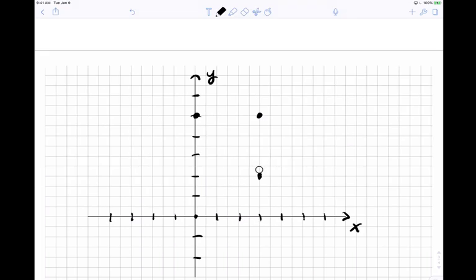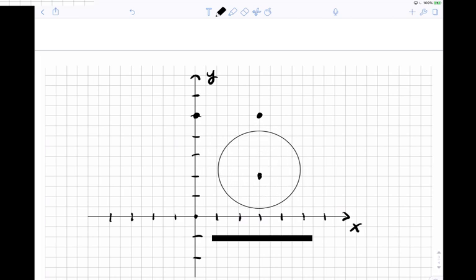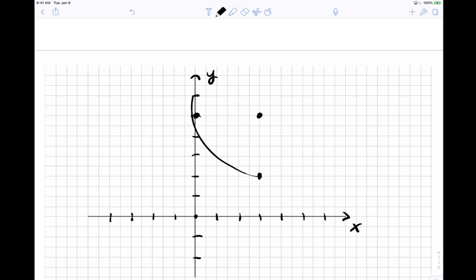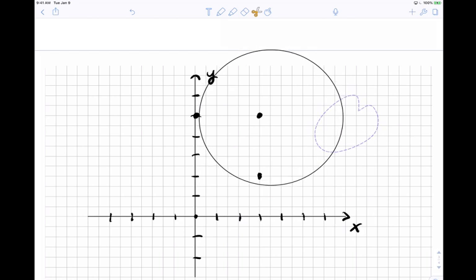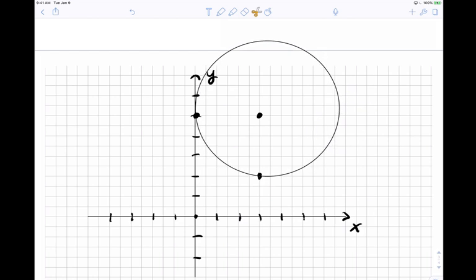So once I lift my pen, it won't. So let's try this. We're going to go here, kind of like that, right? And I think that's about right. Let's see if that worked. Looks good. Okay, so we need to bring everything down.